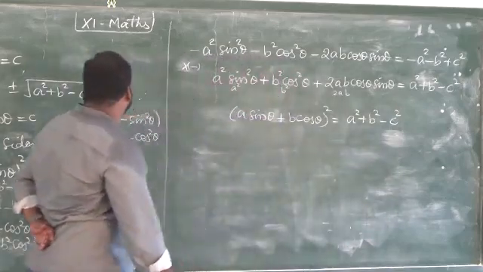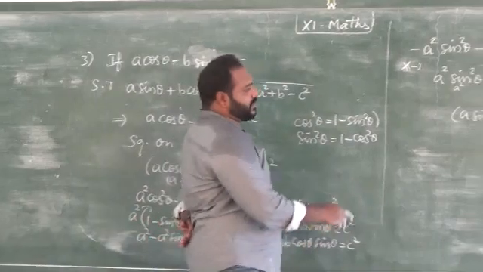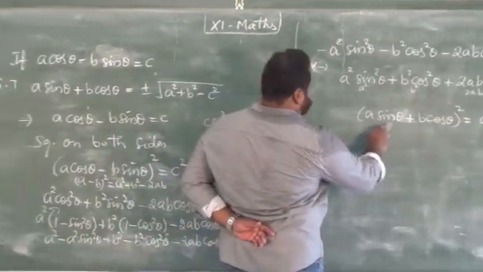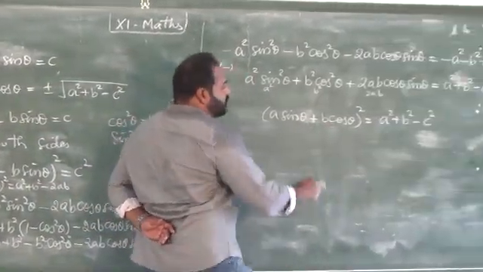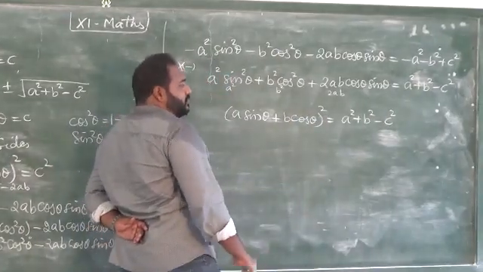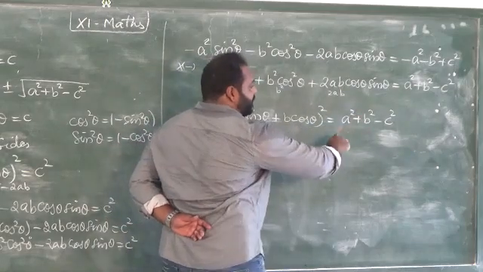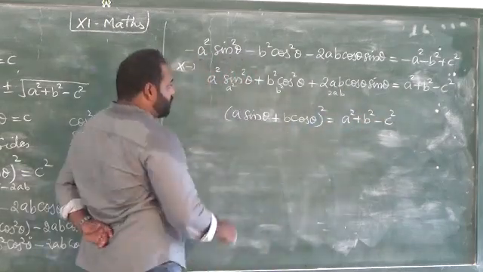So actually the answer we should bring is in the form A sin theta plus B cos theta. Here we have A sin theta plus B cos theta whole square. If I remove this square, how can we remove it? Taking the square root. When you take power 2 to the other side, it will become a square root.